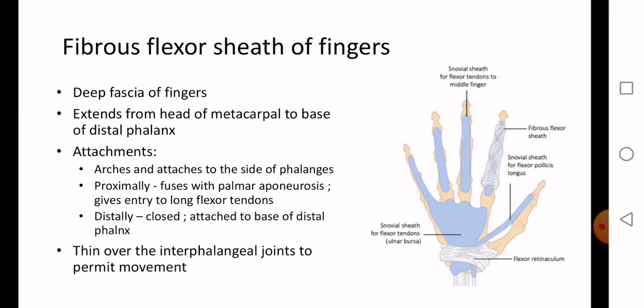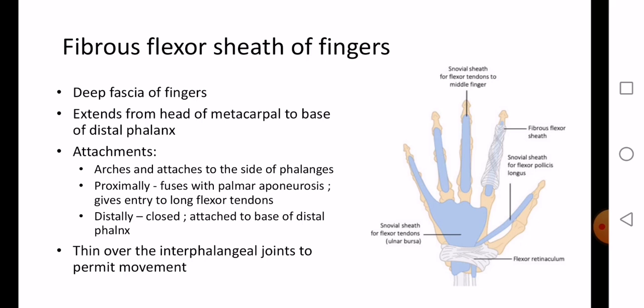Attachments: it arches and attaches to the sides of the phalanges. Proximally, it fuses with the palmar aponeurosis and gives entry to the long flexor tendons. Distally, it is closed and is attached to the base of the distal phalanx.